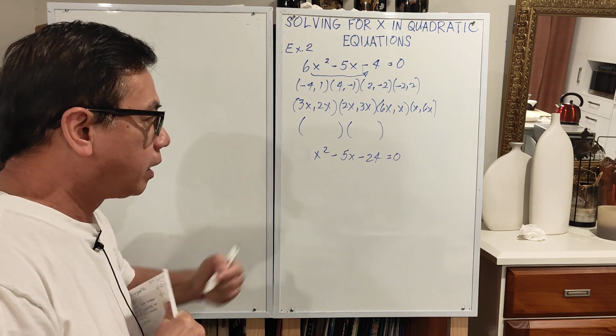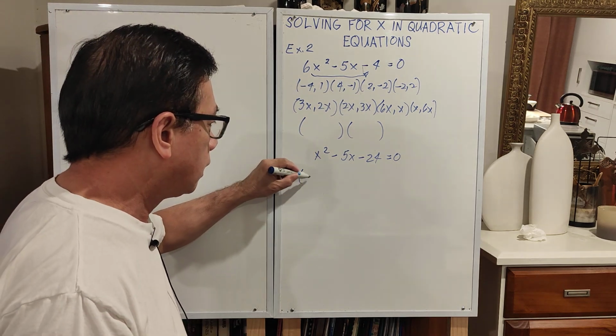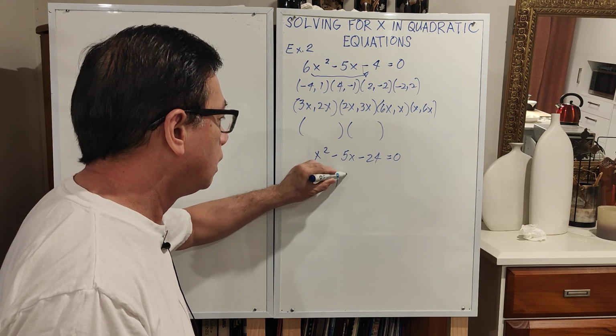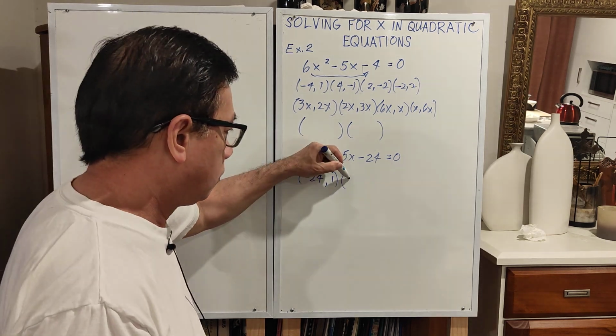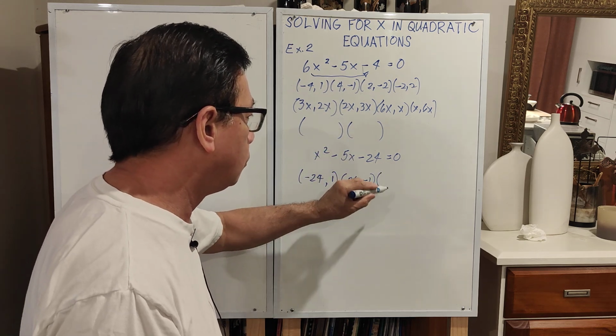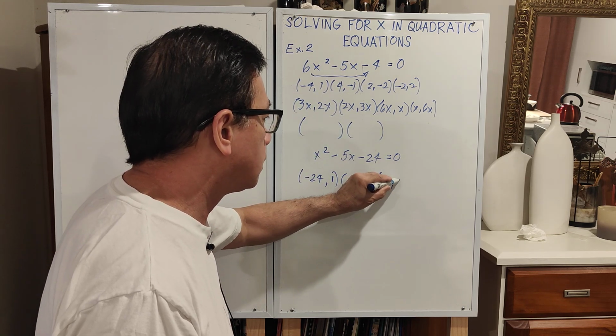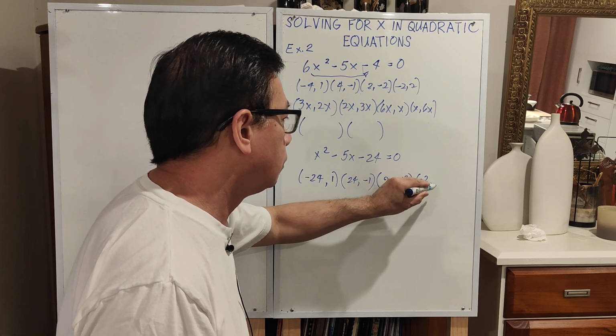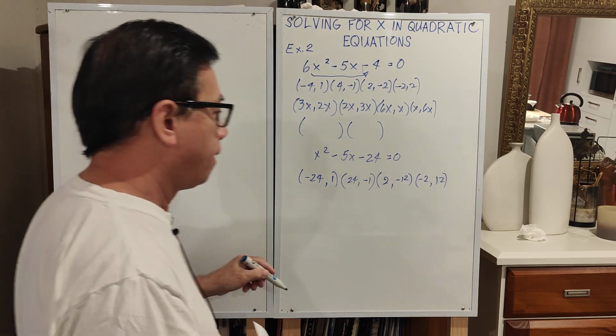So what are the factors of -24? You get -24 and 1, or 24 and -1, 2 times -12, and then -2 times 12.